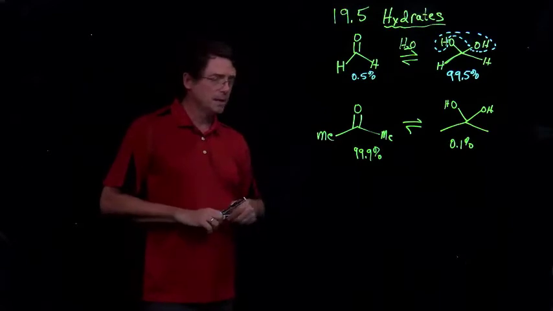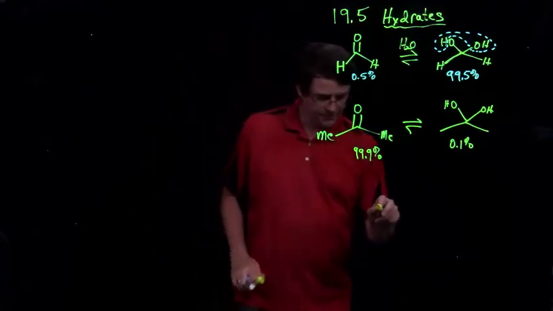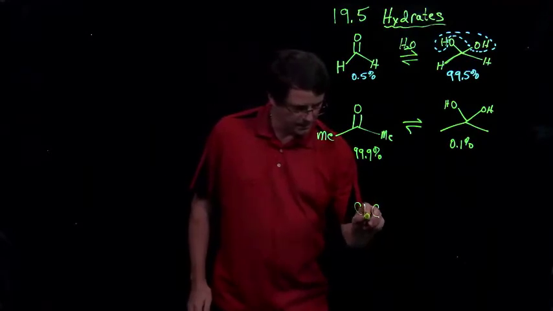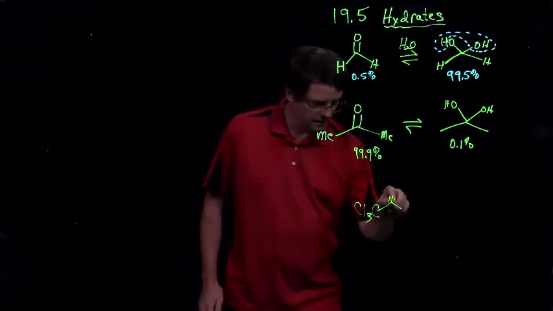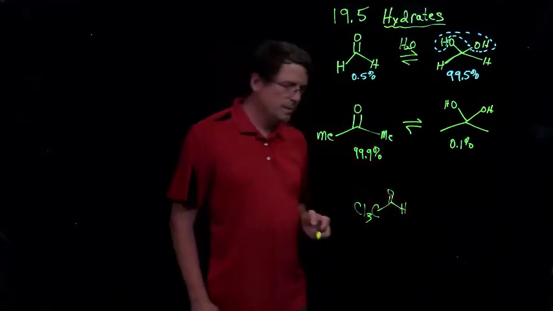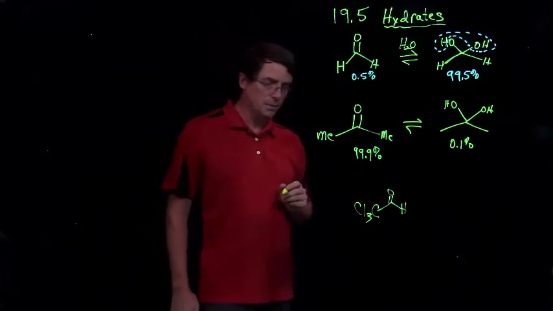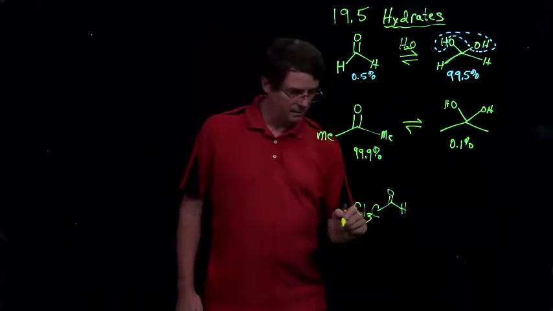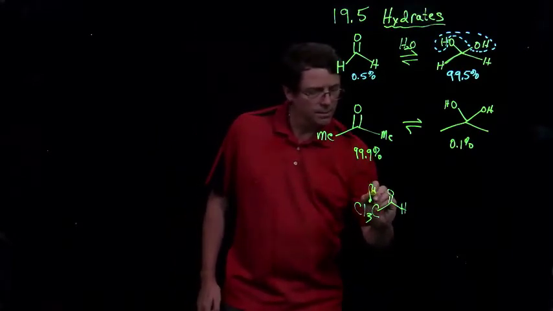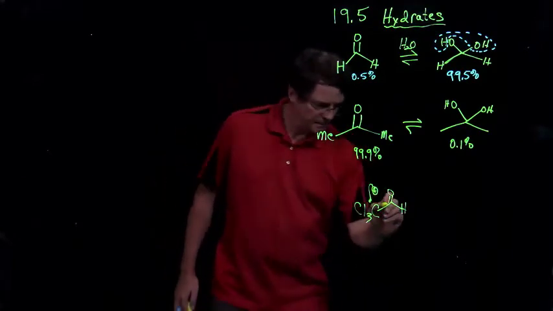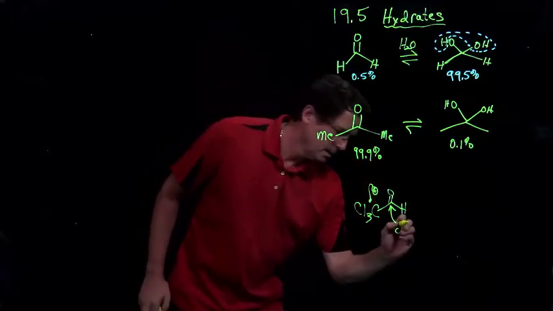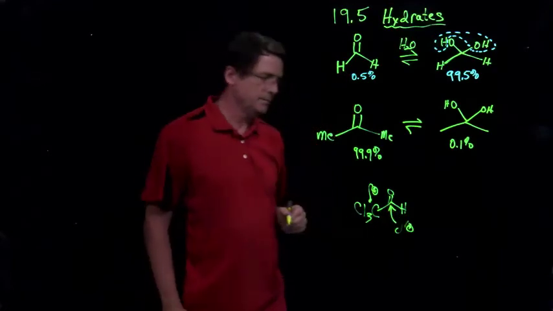The example I always like to introduce students to is chloral hydrate, so trichloroacetaldehyde. As we put strongly electron withdrawing groups on the carbon here, 3 chlorines, it makes this partially positive. And of course our carbonyl group is partially positive also.